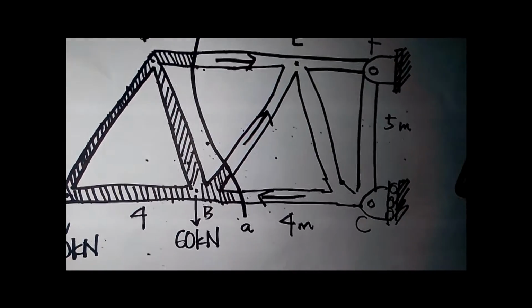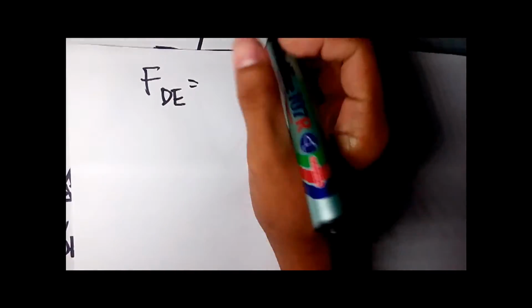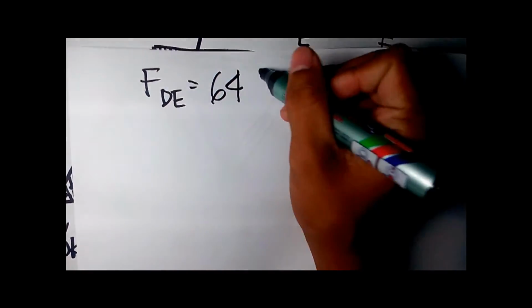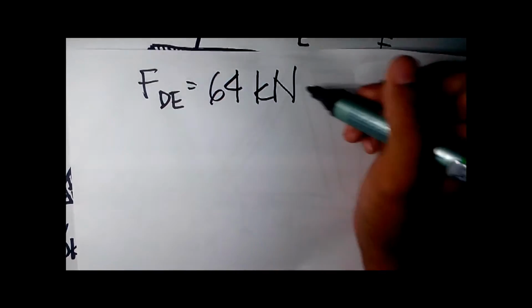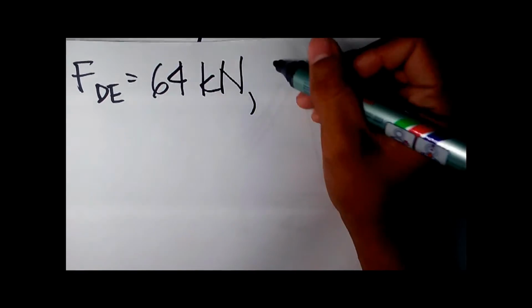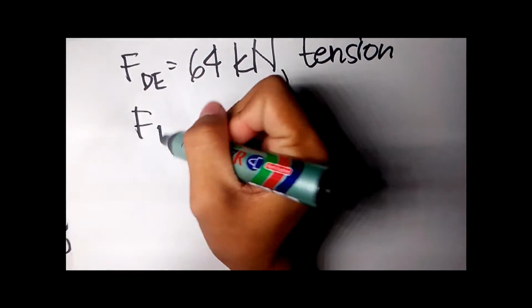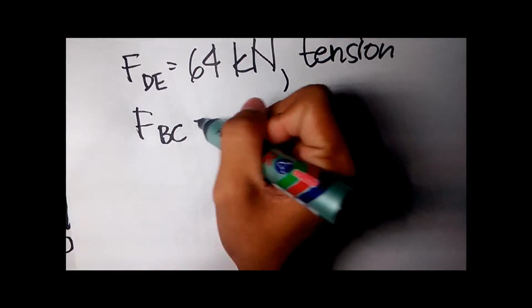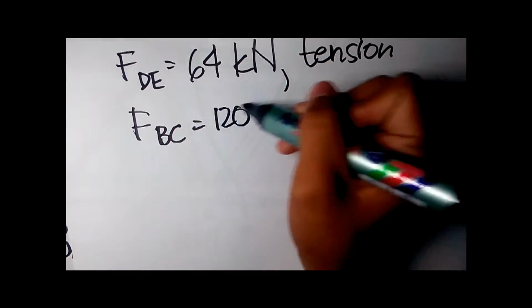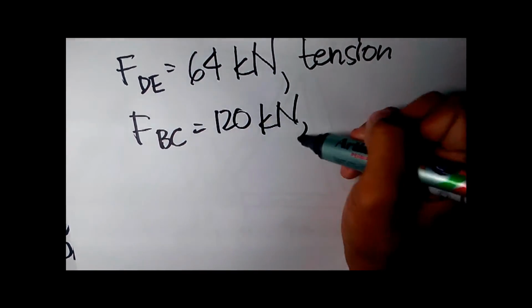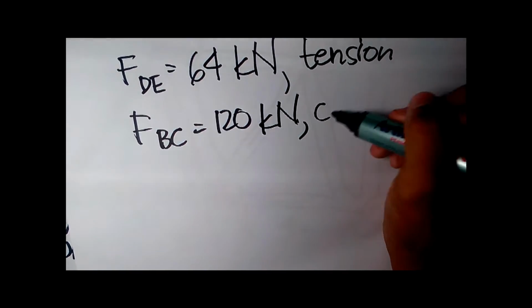So for our final answer, the force in DE is equal to 64 kilonewton, tension. The force in BC is equal to 120 kilonewton, compression.